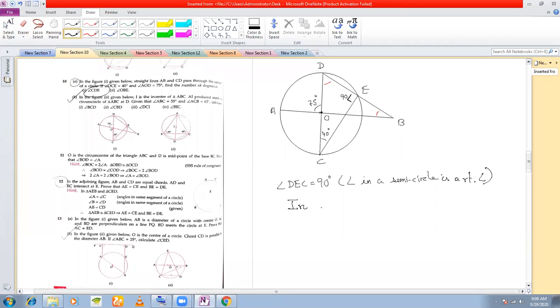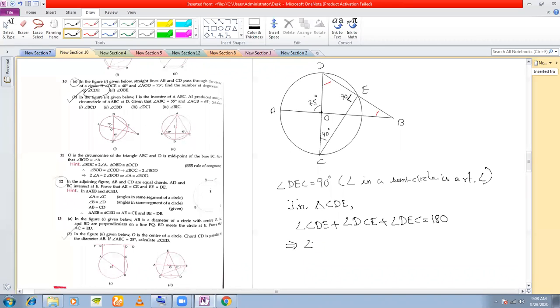You can find the third red angle. So in triangle CDE, angle CDE, which is the unknown angle, the red angle, plus angle DCE plus angle DEC is equal to 180 degrees.